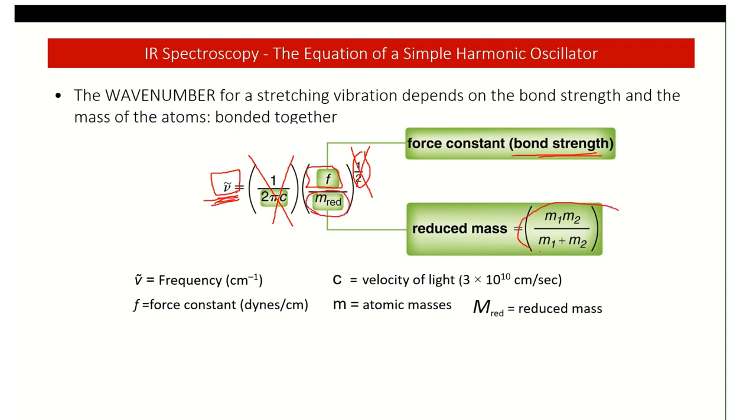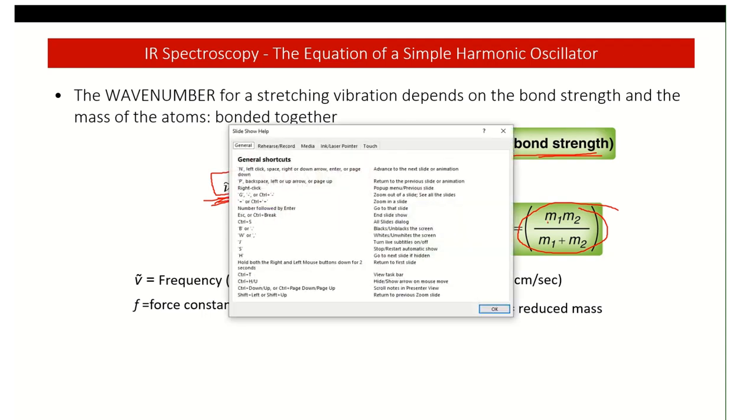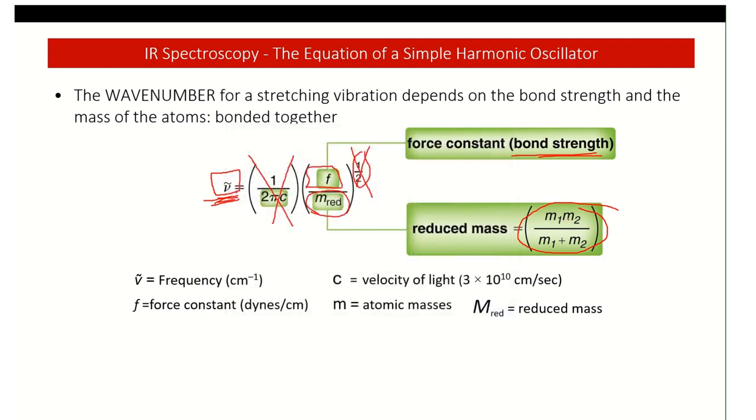And the reduced mass looks a bit complex, but it's not, because think about it for a second. The reduced mass is really the product of the two masses divided by the sum of the two masses. I want you to compare carbon hydrogen to carbon deuterium, which is chemically equivalent to hydrogen.